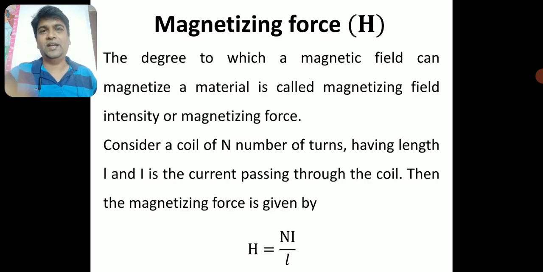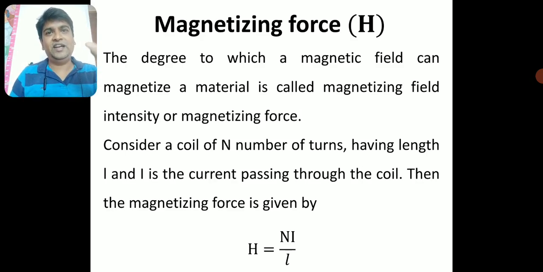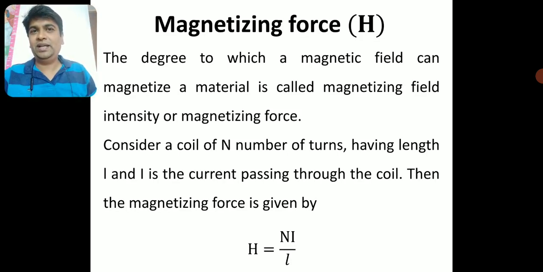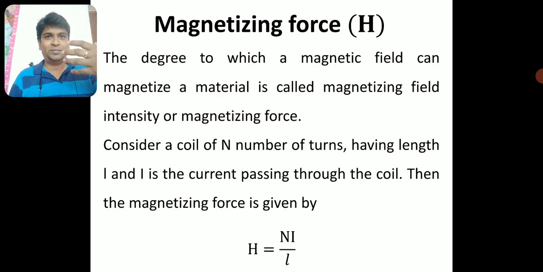Here it is the magnetic field which is magnetizing the material. So in both cases magnetization is common. But I am looking at the material perspective, the extent to which a material is magnetized, that is intensity of magnetization. Here I am looking at the magnetic field perspective, how much a magnetic field can magnetize a material. It's the degree to which a magnetic field can magnetize a material.